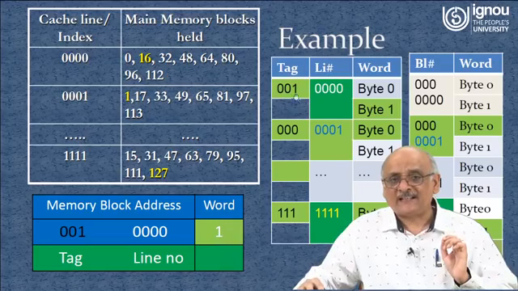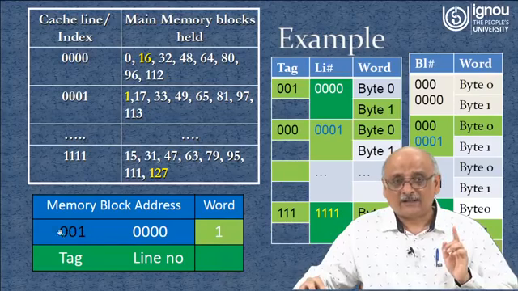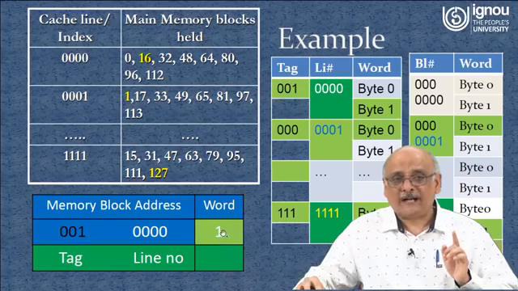These are the cache lines, okay, and these are the locations which we are referring to. If I want to look at the memory address 001, 00001, what is this equivalent to? This is a memory address where the block number is 16. So this is block number 16, and within that block we are looking at the word number, the first byte.